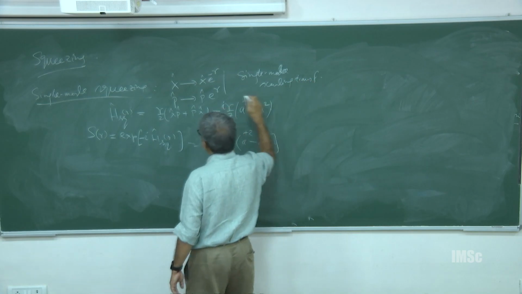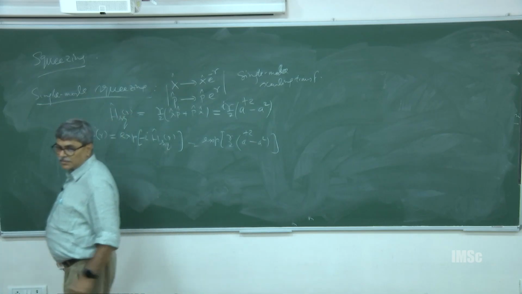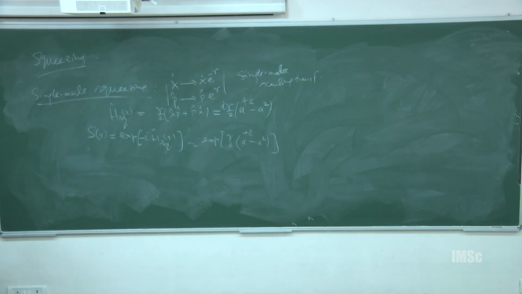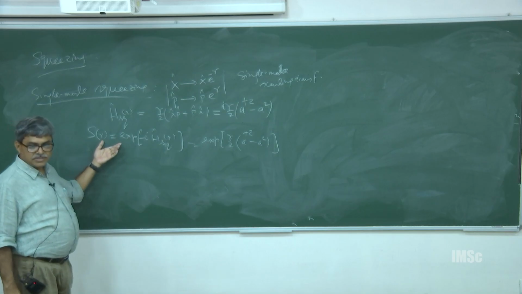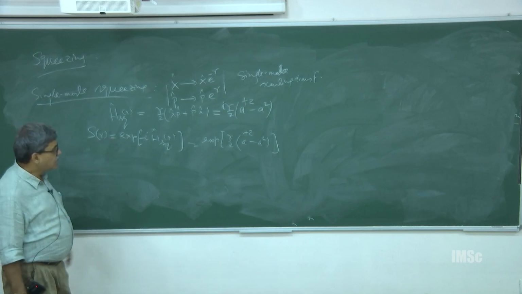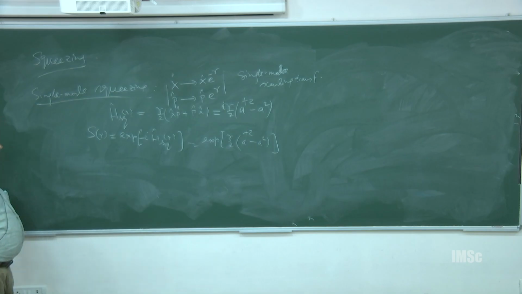And you agree that this is a canonical transformation, right? And as a result, one can figure out what is the corresponding unitary representation. This is one representation. Okay, right.